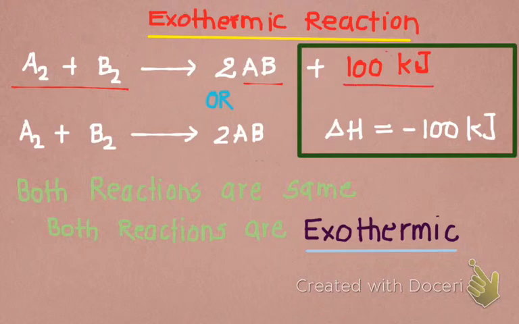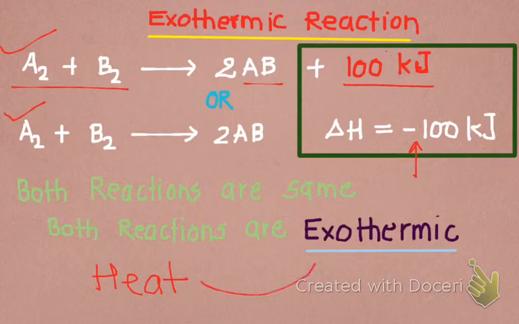These reactions are represented in two ways. One is this one and second one is this one. Both are correct and same. If delta H is negative, that means it releases the energy. So it releases the heat into the environment. So the reaction is exothermic.